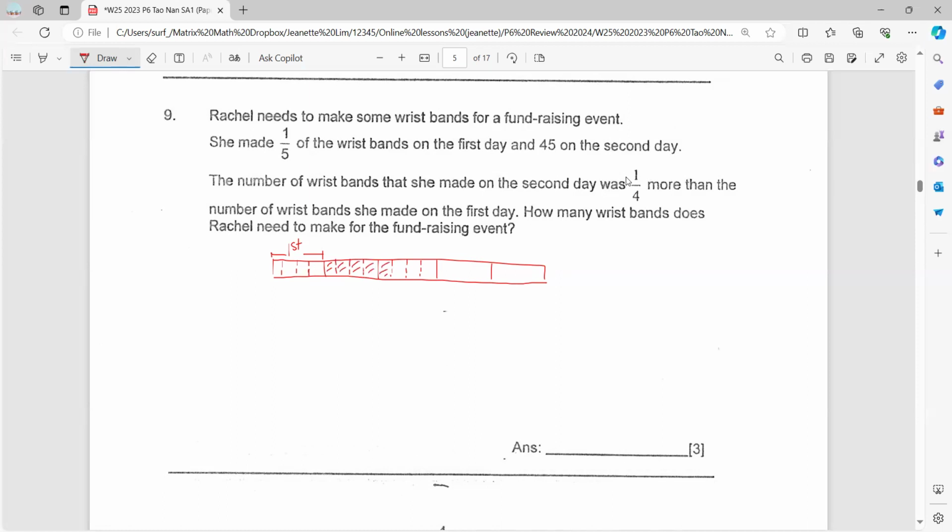Here, like that. This is the second day. Now let's continue to split everything up first. So each big unit gives us 4 small units.